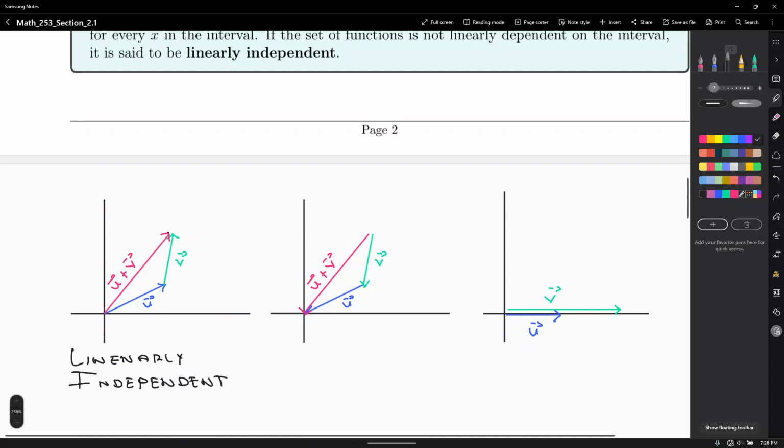However, if we have two vectors that added together produce the zero vector, notice the picture here. The vectors add the other way around, producing a vector whose tip is at the origin. That's the zero vector. These two vectors are said to be linearly dependent.